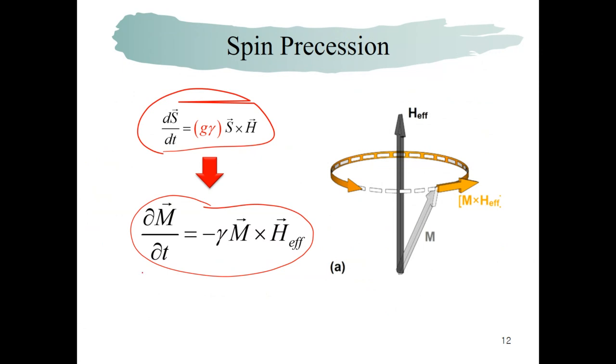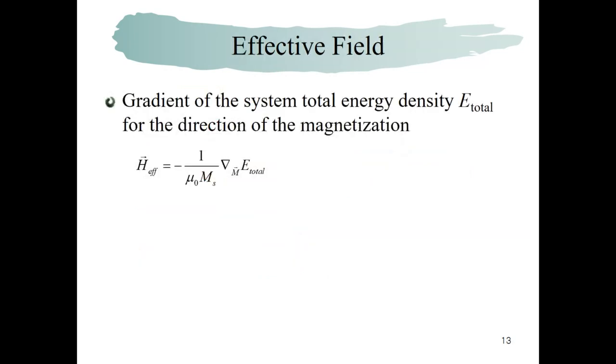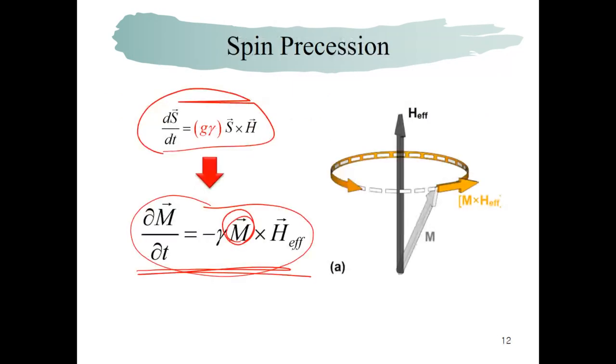So this is a kind of general form. It doesn't matter whether this is the orbital angular momentum or the spin angular momentum. If we know the effective field, we can understand the motion of spin.